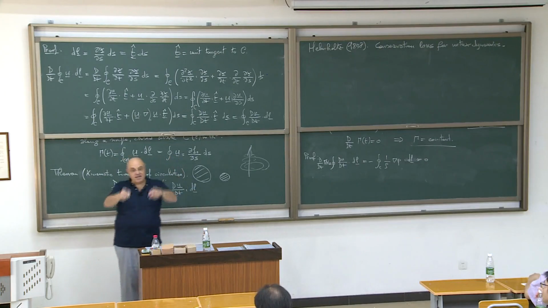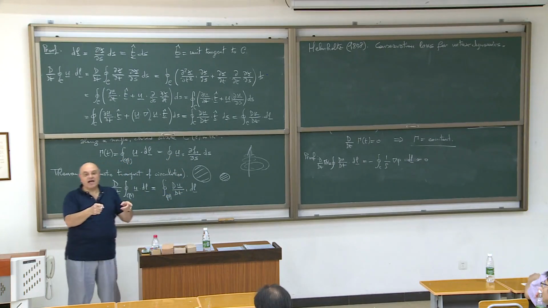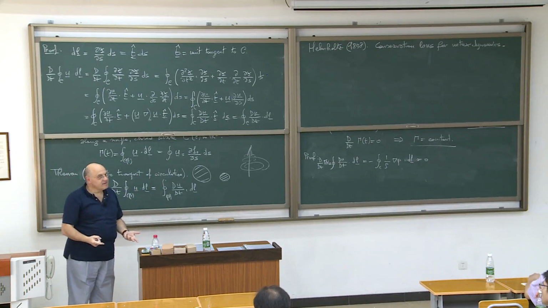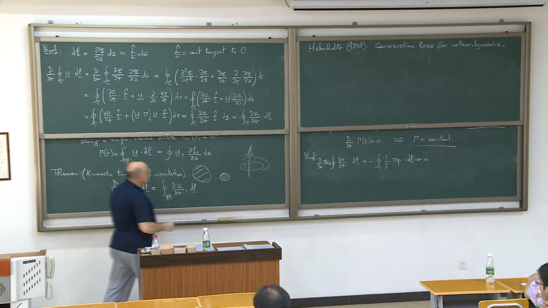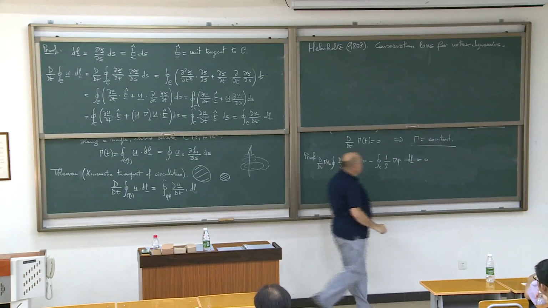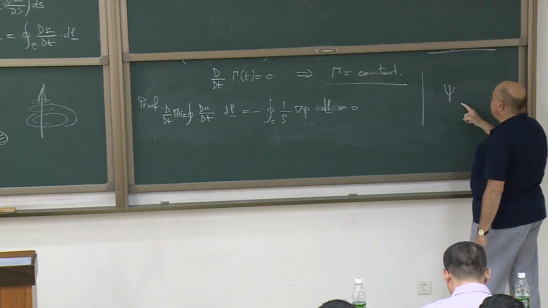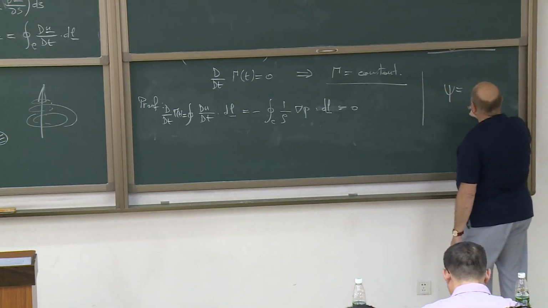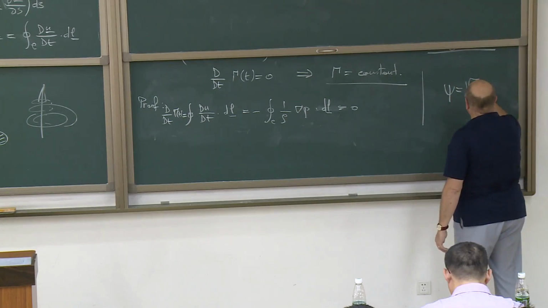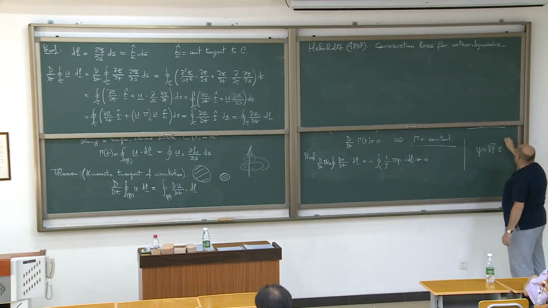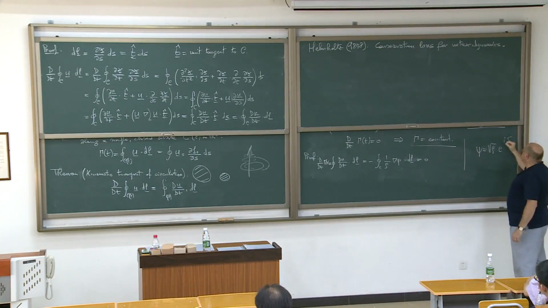Taking the amplitude of psi as the density of a fluid-like system, you take psi as square root of rho, e to the i S, the action, right?